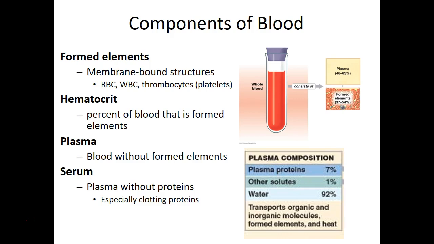So we have formed elements and then plasma. If we remove the formed elements from blood, we're left with plasma. And then if we remove clotting factors from plasma, we're left with serum.